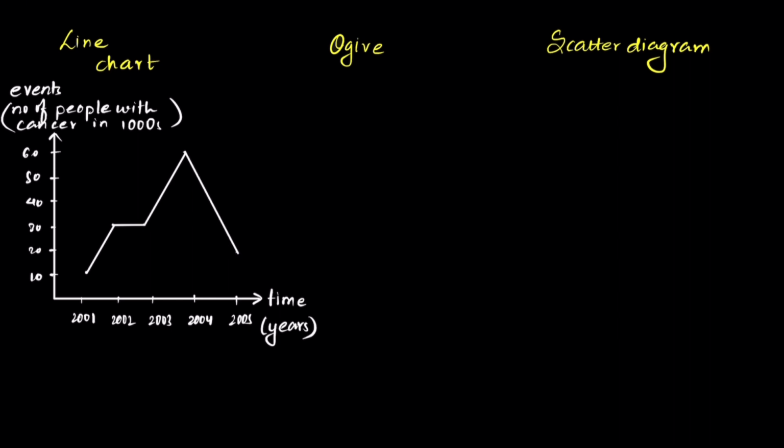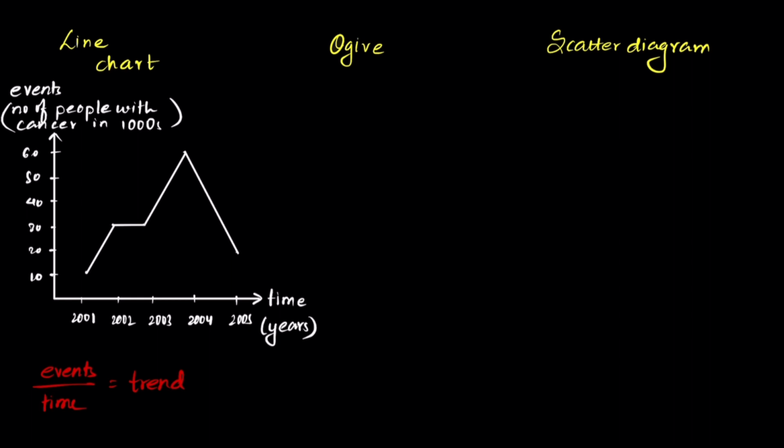Line chart is used to represent events over time, and events over time is what we call a trend. So line chart is a statistical diagram which is used to represent trend of quantitative data.